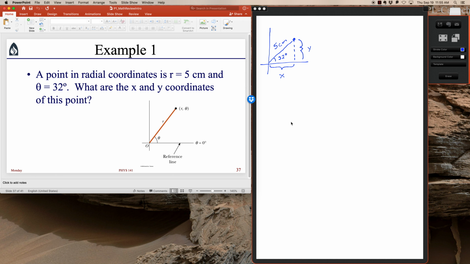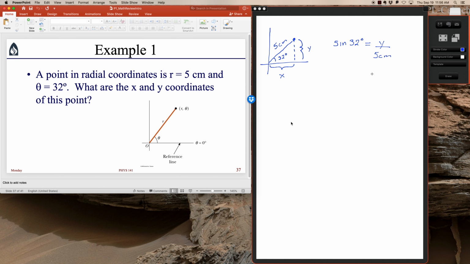So first off, let's consider the sine of this 32-degree angle. The sine of an angle, if we have a right triangle, is the opposite over the hypotenuse, and in this case the opposite side is the length of this side of the triangle, which is the same as the y-coordinate of my point, and the hypotenuse is 5 centimeters. So I would write down that the sine of 32 degrees is equal to y over 5 centimeters.